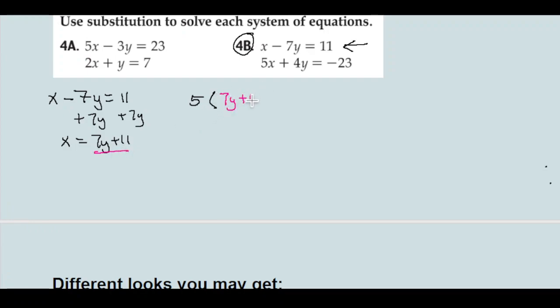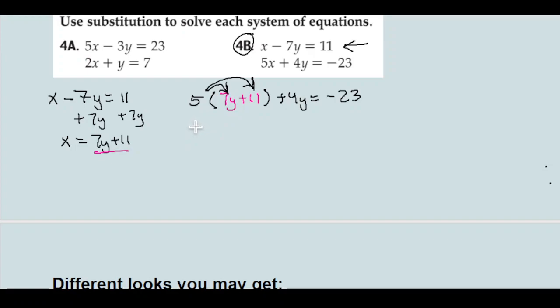So we got 7y plus 11, and then plus 4y equals negative 23. I literally copied almost everything down verbatim, except for the x, because we are substituting this value in for it. Now we're going to do what we know how to do with distributive property. We'll collect some like terms, and we'll go from there.